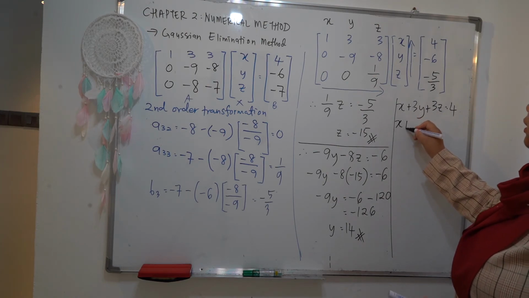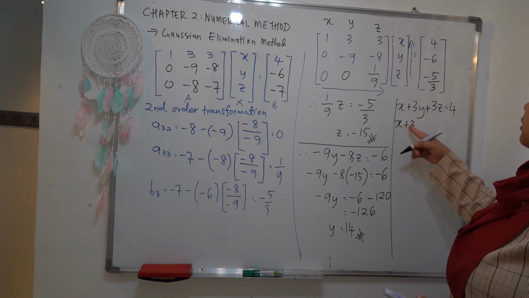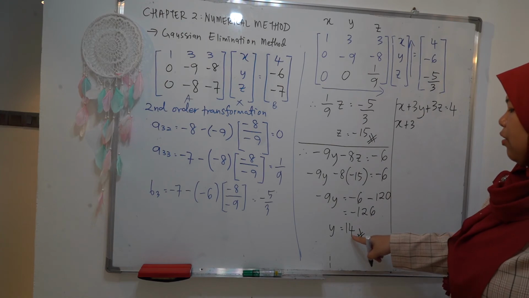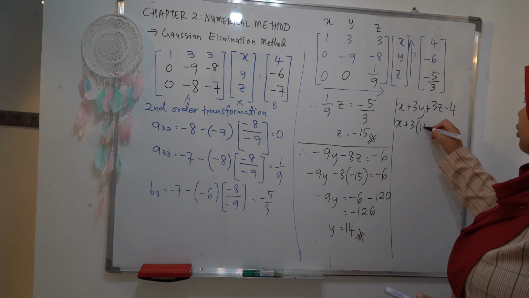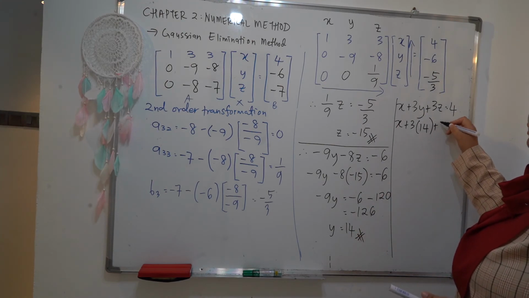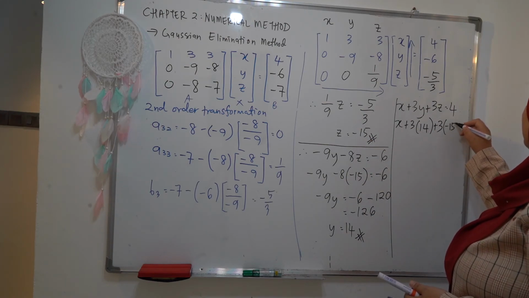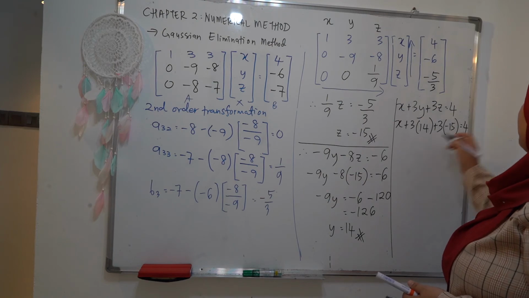x plus 3y. We already have the number of y, so I substitute here 42, plus 3z, negative 45, equals 4.